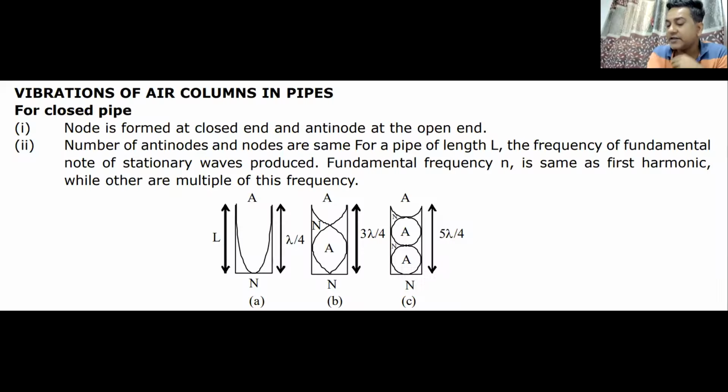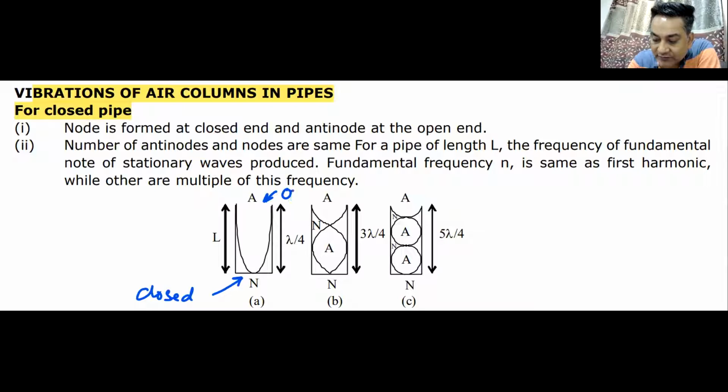Let us move ahead to the most important part of this chapter, which is known as vibration of air column in pipe. How does air column vibrate in pipe? Now we have to do two cases. Case number one is for a closed pipe. When I say a closed pipe, as you can see, it is closed at one end and it is open at the other end.